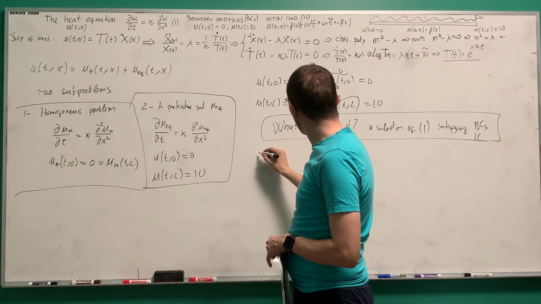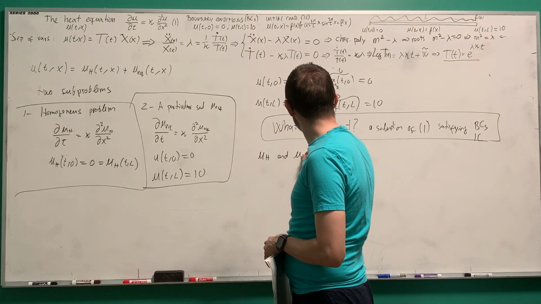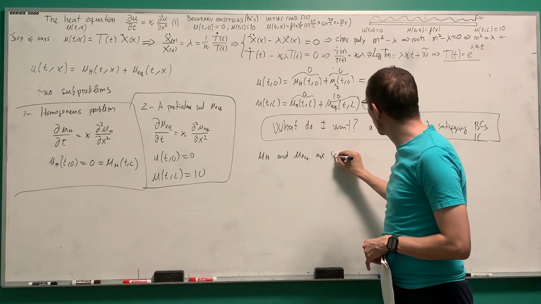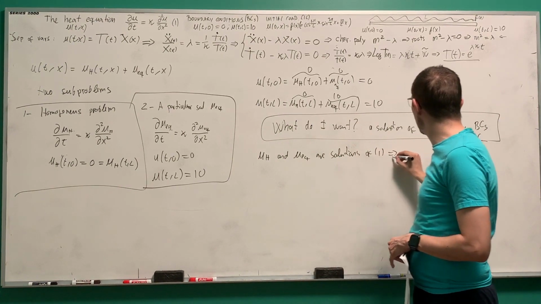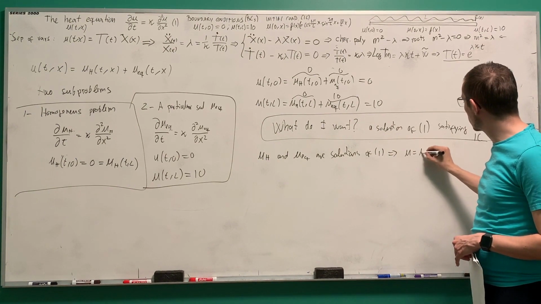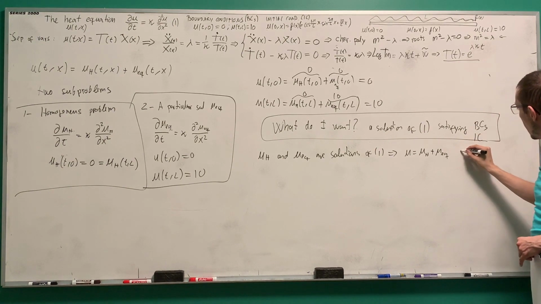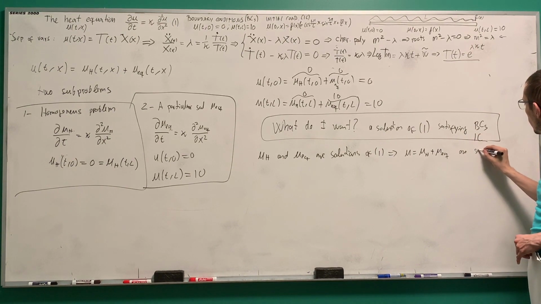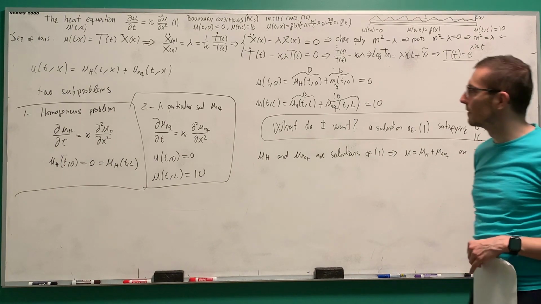Now, if U_H and U_EC are solutions of 1, that means that U equals U_H plus U_EC are solutions of 1. Wonderful.